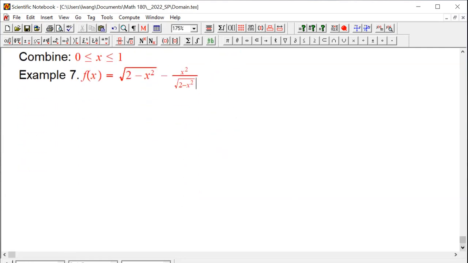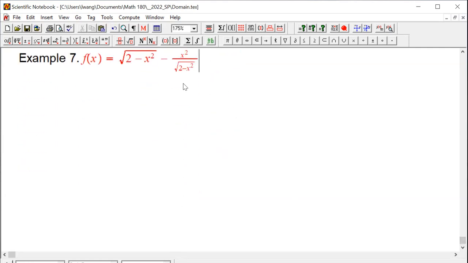Okay, so how do we set up? On this piece, you have 2 minus x squared. It has to be at least 0.